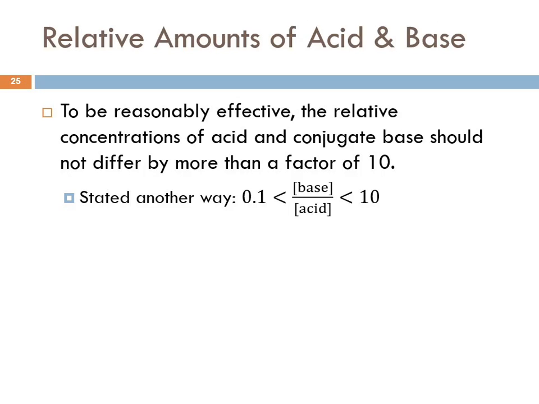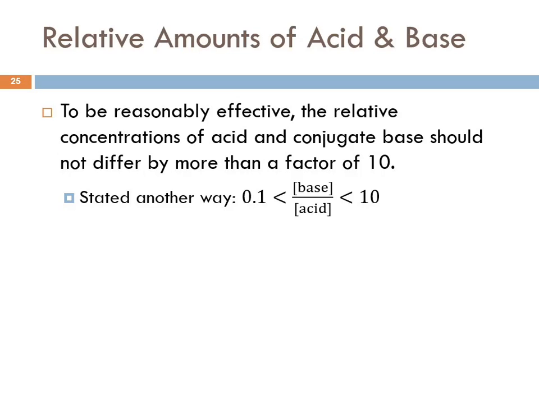I think an easier way to look at it is to say, well, the ratio of base to acid should be less than 10, but greater than 0.1. The closer it is to 1, the better your buffer. But if it's within that range, it's okay.